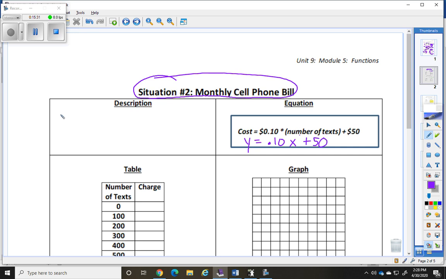And this must mean that a phone company charges $50 for a plan, and an additional 10 cents per text that you send. I'm going to say plus.